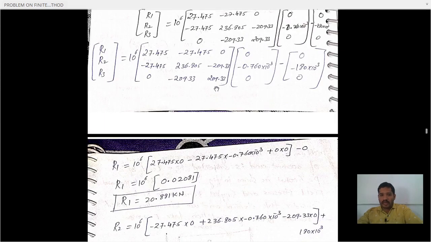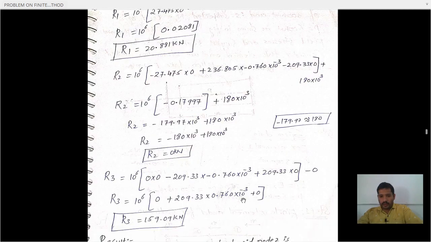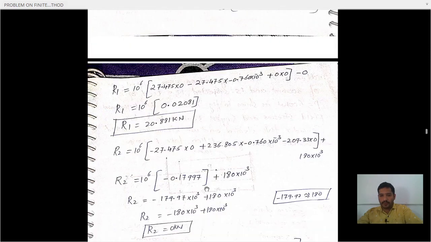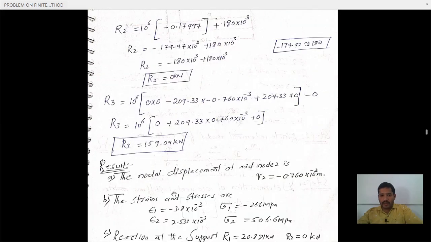Again 209.33 into 0, again minus 0. So this value becomes, you will get 159.09 kilonewton. So we found the values of F1, F2, F3 and Q1, Q2, Q3.